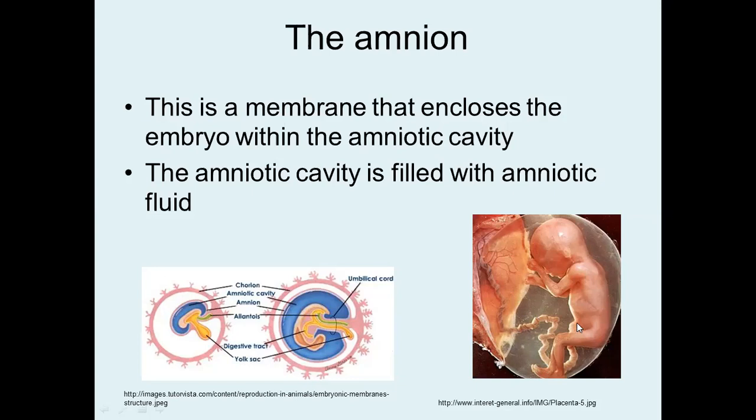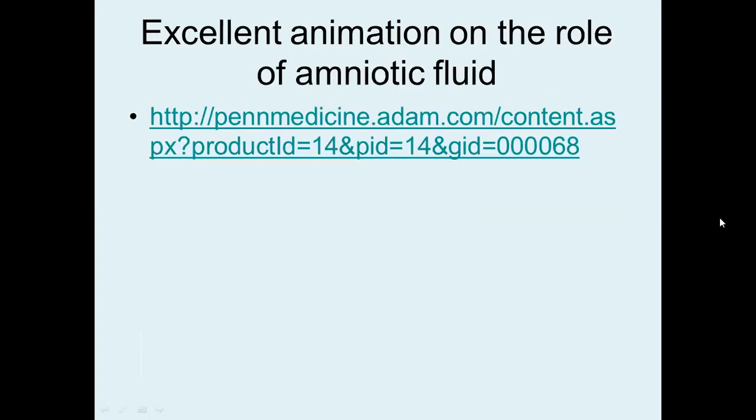You can see clearly in this picture that it actually, while I say attaches to the navel, in fact it is produced from the tissue in this area and extrudes from the body in that particular area. So there's the umbilical cord, and then here you can see the placenta on the other side. So the amniotic cavity is filled with amniotic fluid.